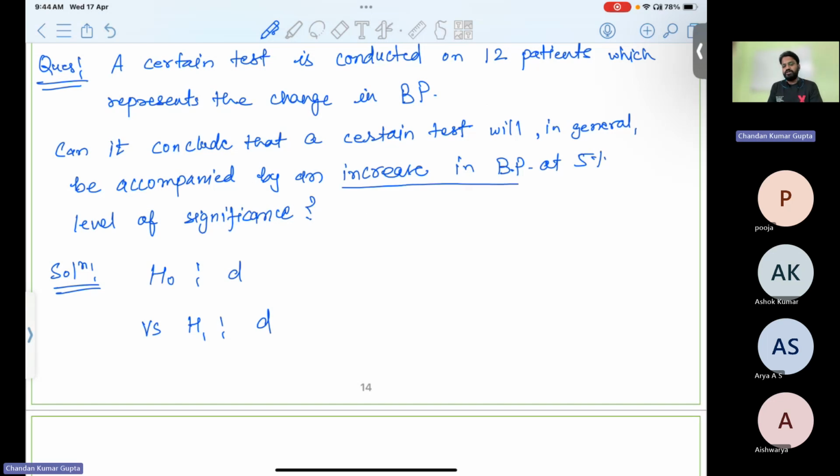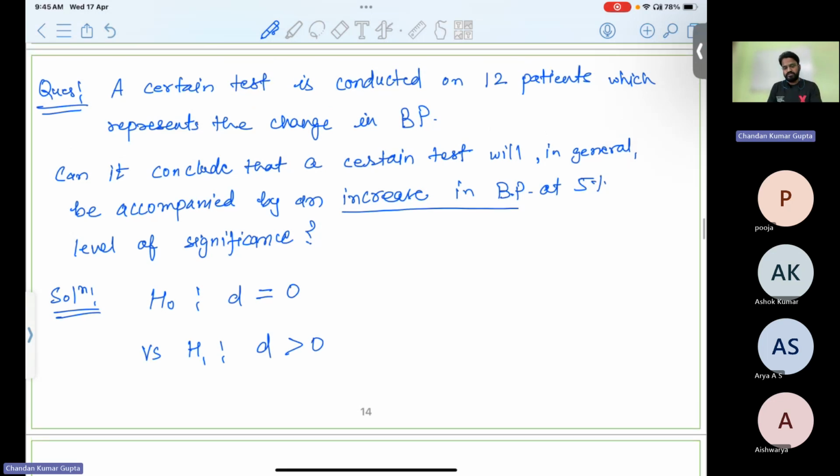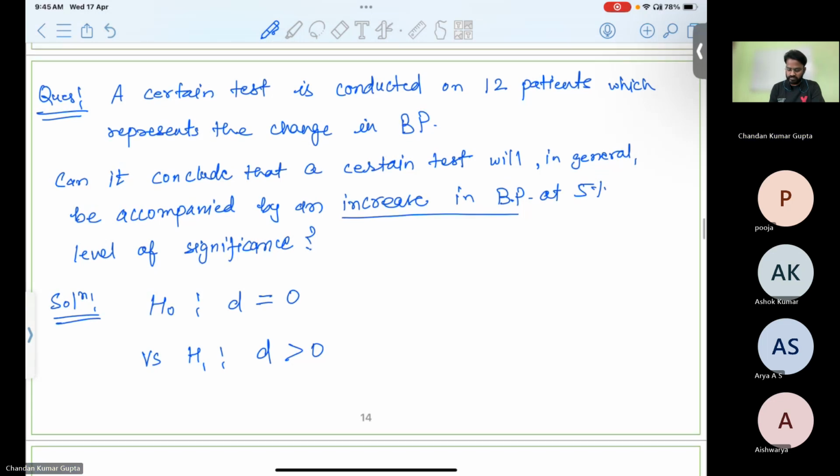So it is either an increase or not an increase. So 0 means not an increase. This is the difference between the previous data and the BP after applying the test.